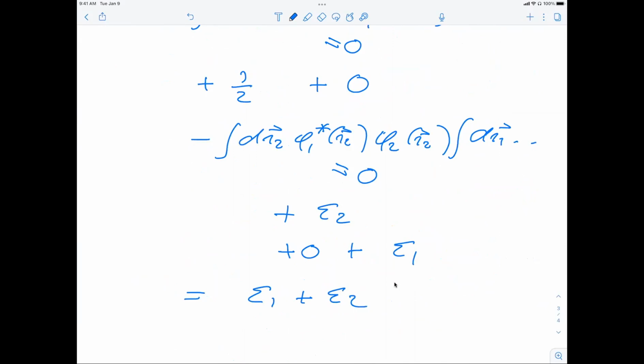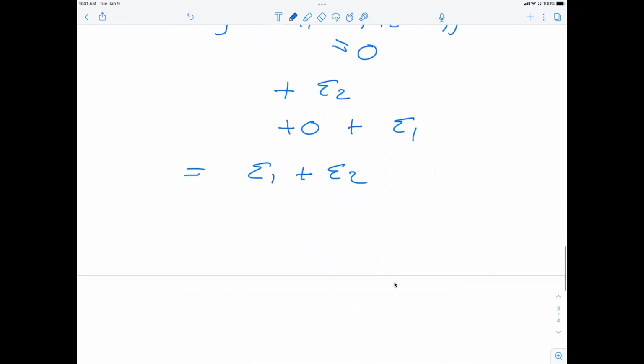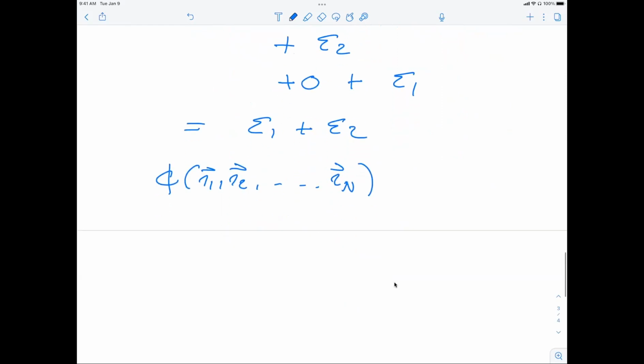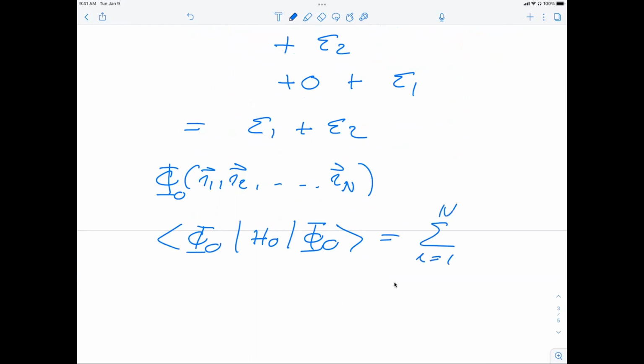So in general, if phi is now a many-body state which contains R1, R2, up to R of n, then the expectation value of this state, phi 0, and we call it phi 0, for instance, just one of them, of H0, the general expression is actually going to be given by the sum over I of the single particle state energies epsilon of I. And I'm going to use a kind of notation for that.